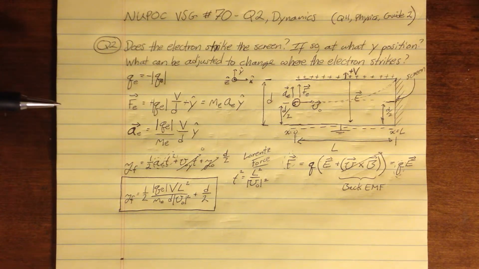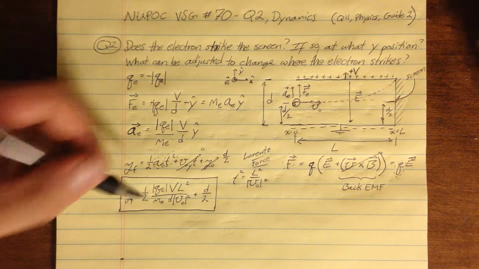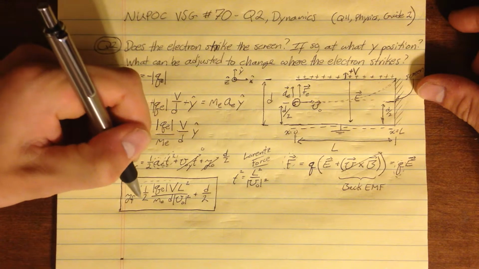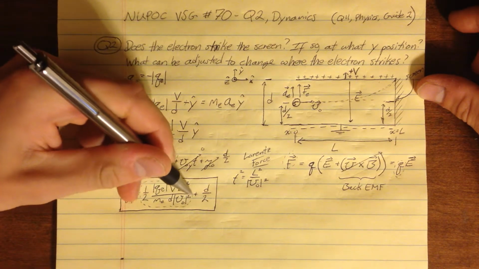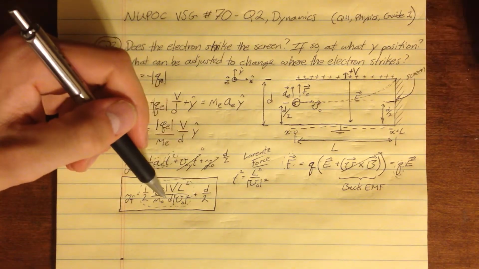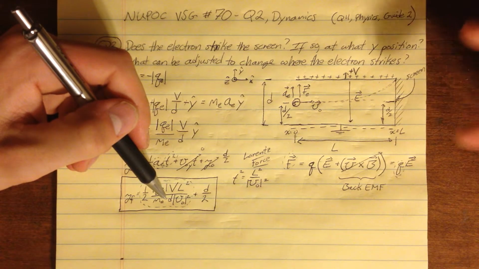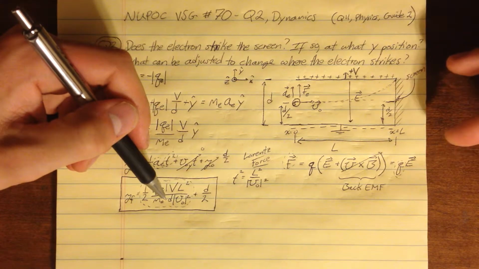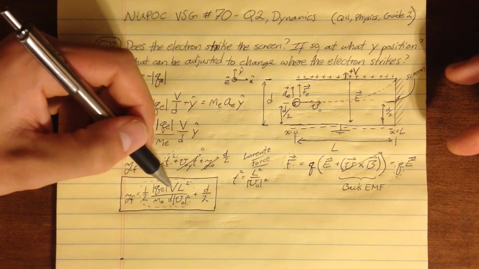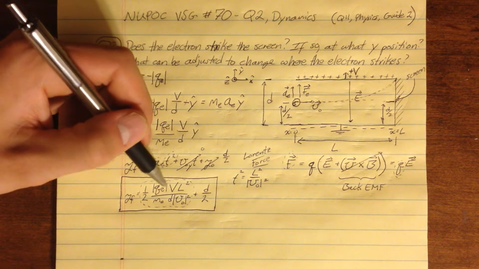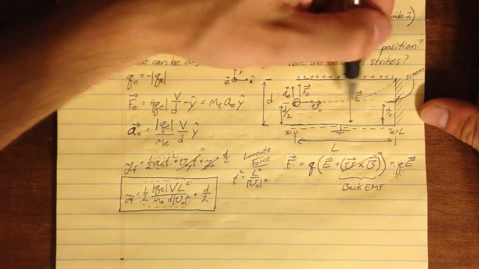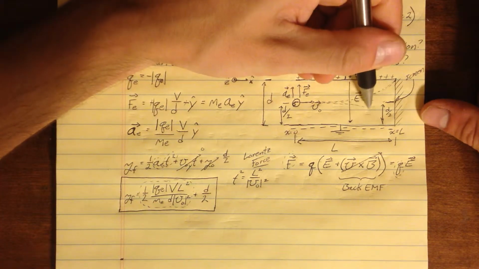And so we can say then that as long as this term right here is less than d over 2, the electron will hit the screen. Or if the polarity was reversed, it would really be the same thing. We would just have an opposite polarity and the electron would move in this direction.